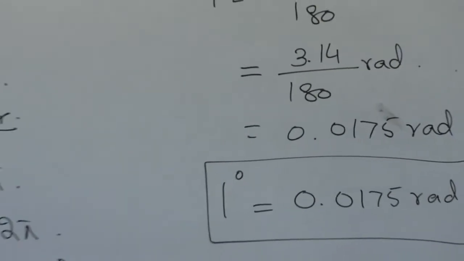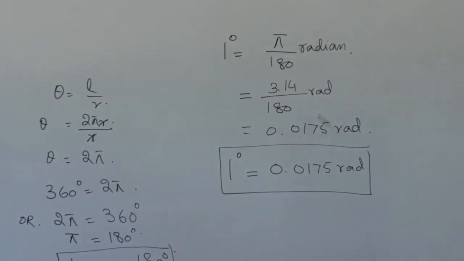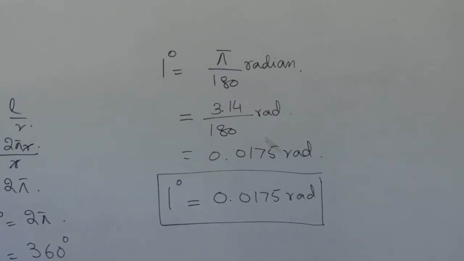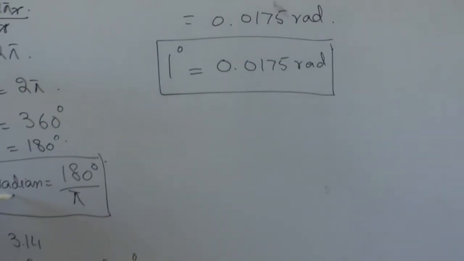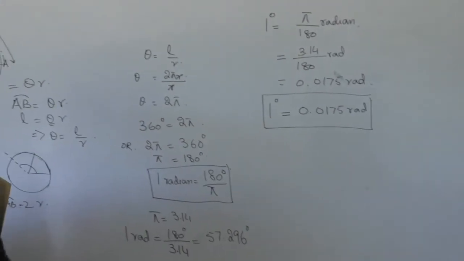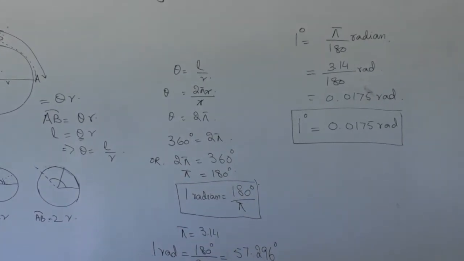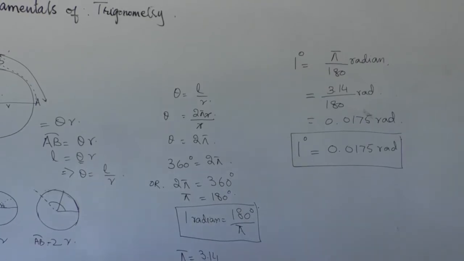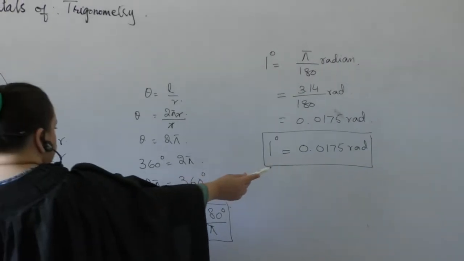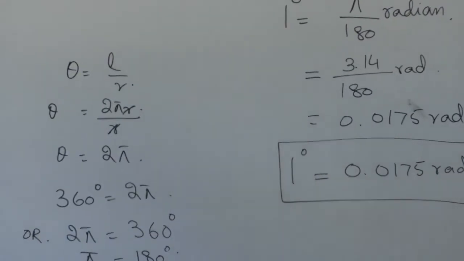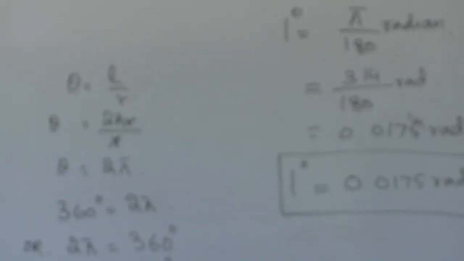So here we have now 2 formations. Whenever there is radian and you need to convert radian into degree, you will use this condition. And whenever we have 1 degree and we need to convert it into radian, we will use this second formation, that 1 degree is equal to 0.0175 radian.